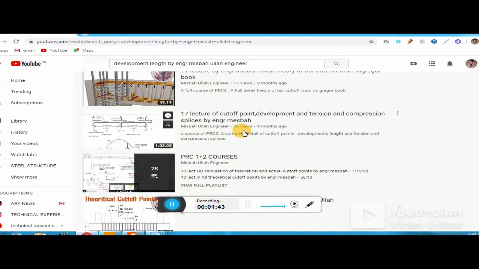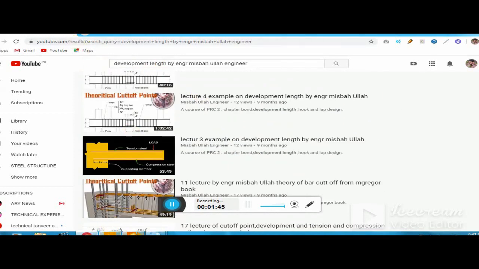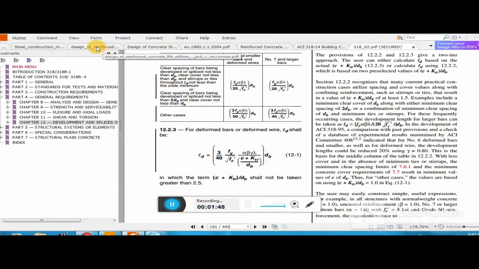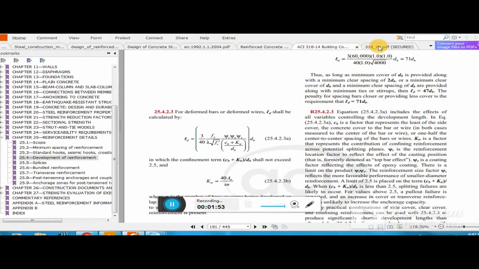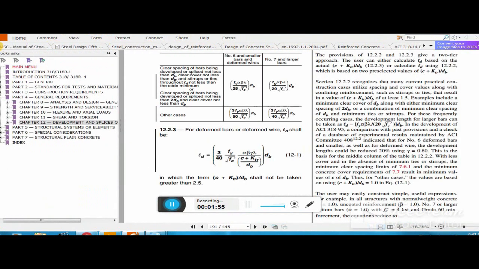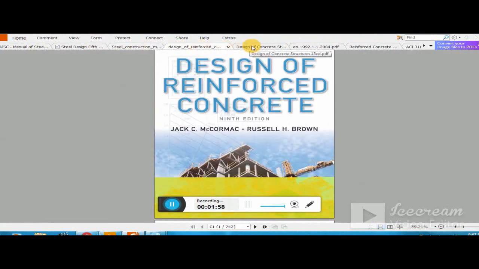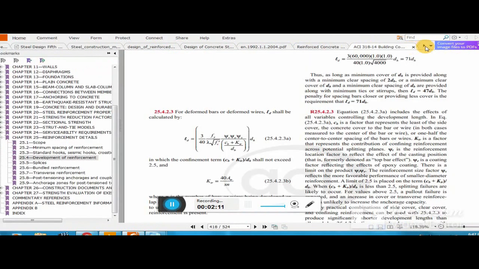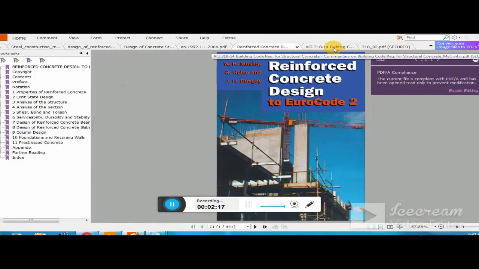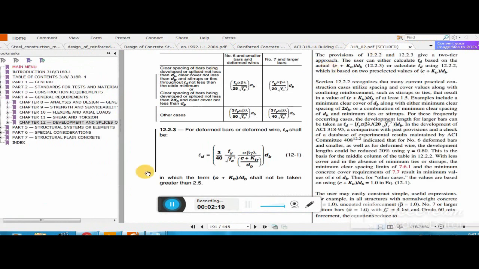Basically, I covered these lectures from the McGregor book, from the McCormick book, and from the Winter Nelson book, and I have all those references there, covered very in depth.